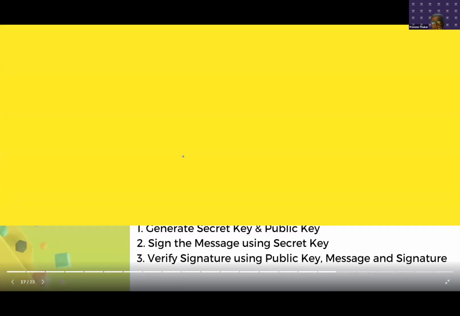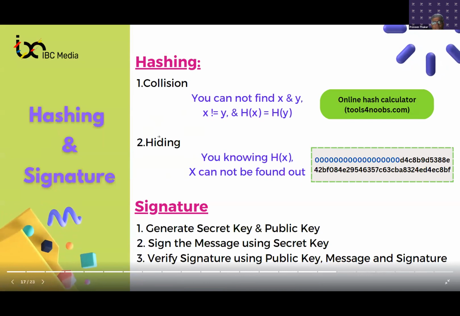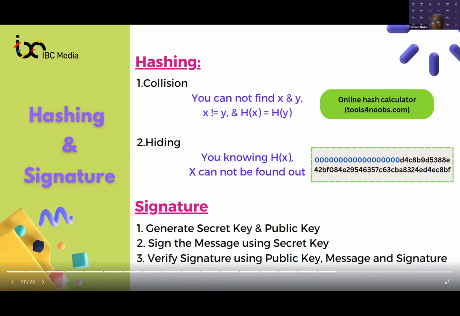Okay. I have talked about hashing and signatures. I will not spend a lot of time here, but you have to understand that hashing is where you give an input, apply an algorithm, and that could be anything. This is not a cryptography class, so I will not go into too much detail, but basically you get an outcome, and knowing that outcome, you cannot find what the input was.